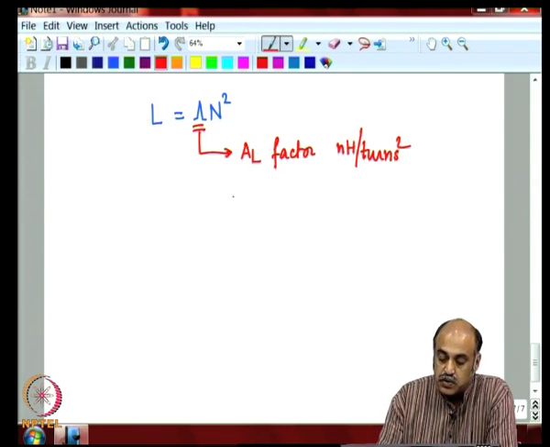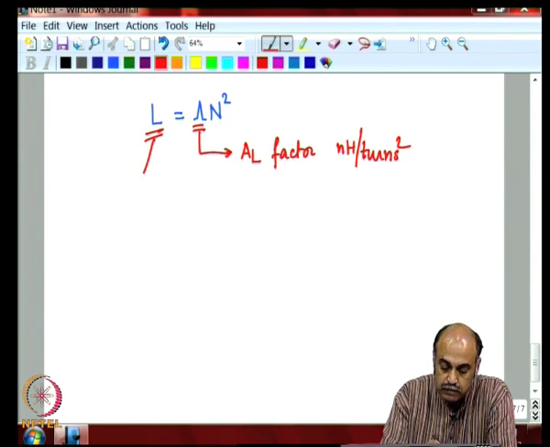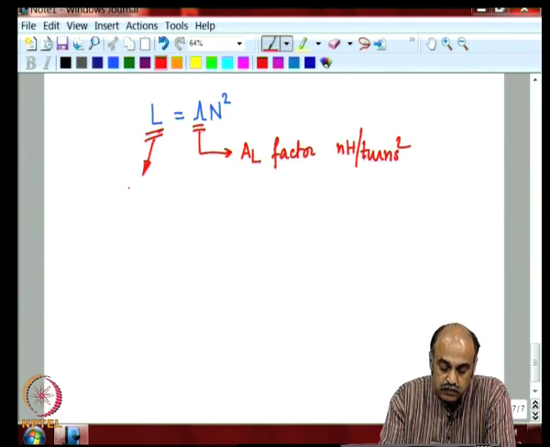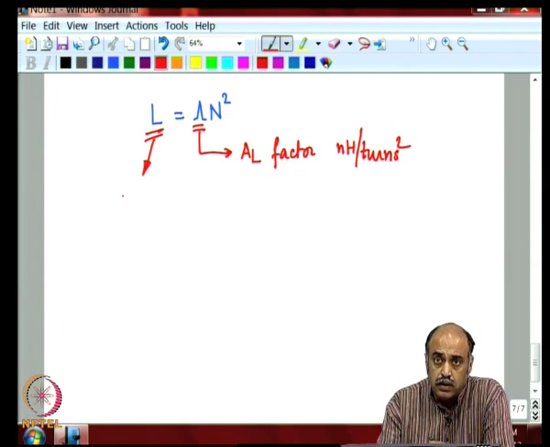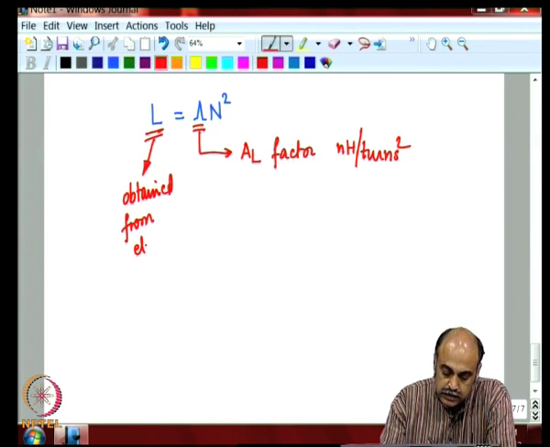This permeance is used to design the number of turns. Now, the L value is obtained from your DC-DC converter electrical design, based on the amount of current ripple that you want to have, the voltage across the inductor and all those things. This L value is obtained from electrical design.